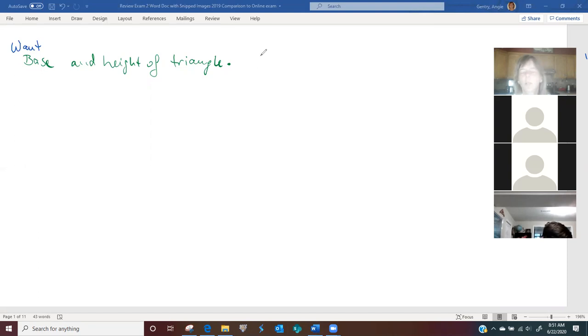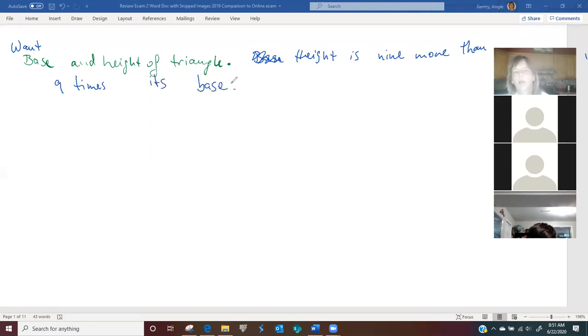Whose height is 9 more than 9 times its base. Okay, hang on a minute. 9 more than 9 times its base. Yes. And they just want you to represent them in terms of x. They don't want you to solve. Let me double check. Yes, it just says represent.